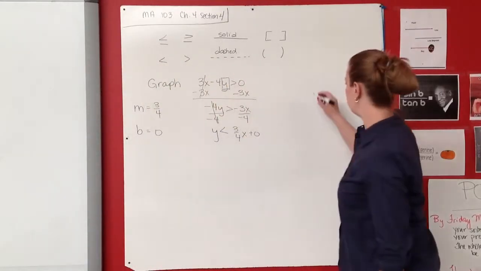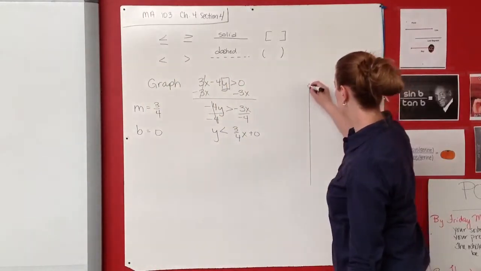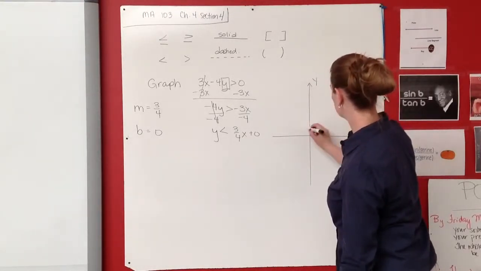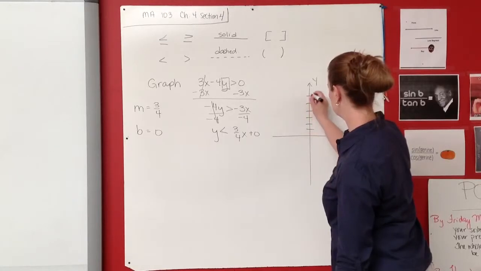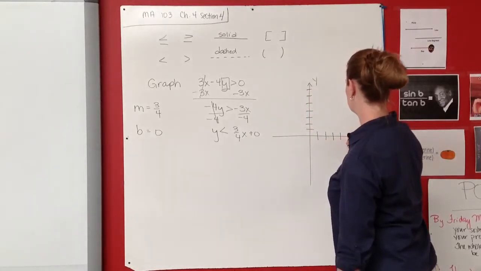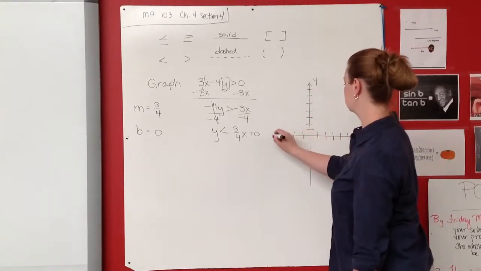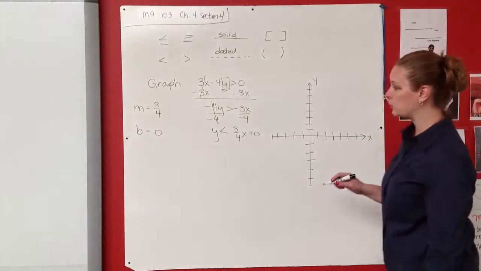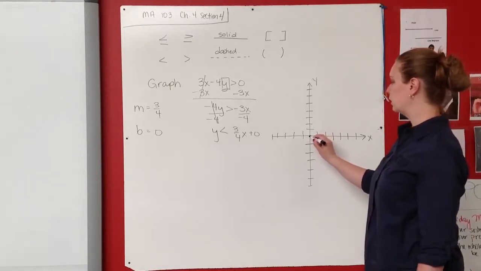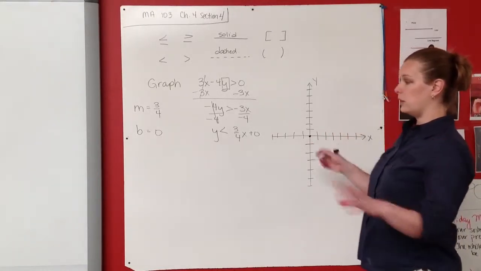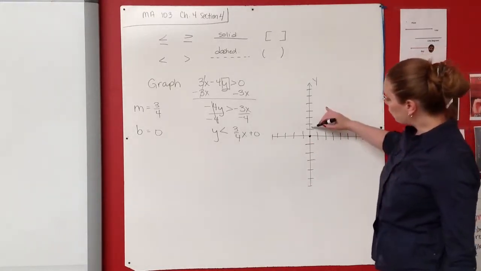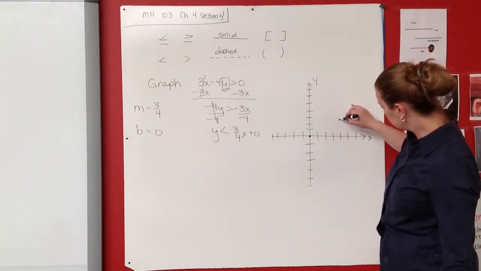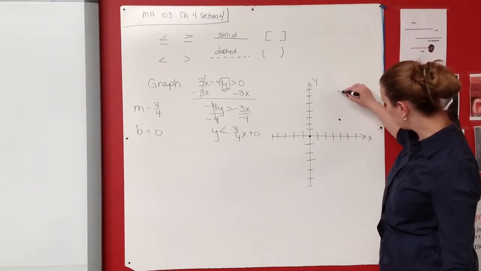So when we go to graph it, we start at our y-intercept, which in this case is 0. From there, our slope says we go up 3 over 4. So we're going to go up 3 over 4. You can go up 3 more if you want, and over 4 more.